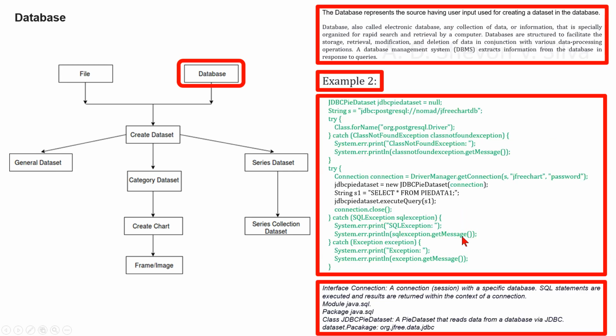As an example 2, we can consider this code segment. Here the interface Connection, a connection session with a specific database.